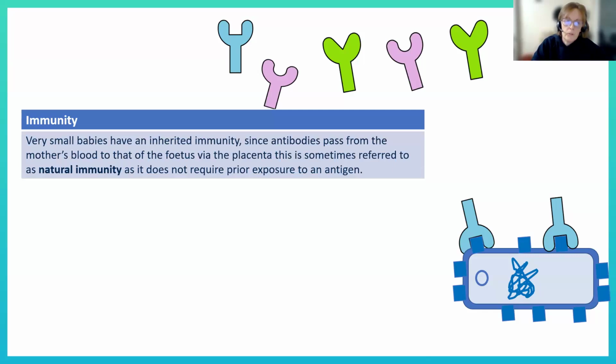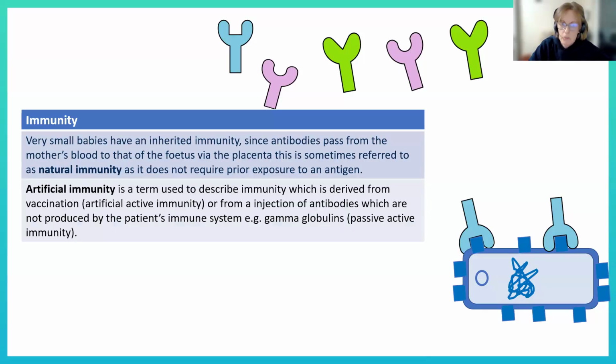So with babies that are very small, neonates, so very recently born, antibodies can pass from the mother's blood to the fetus. And this is referred to as natural immunity because it doesn't actually require any exposure to an antigen.